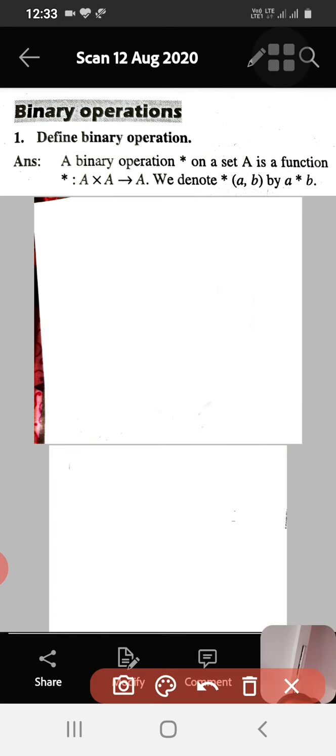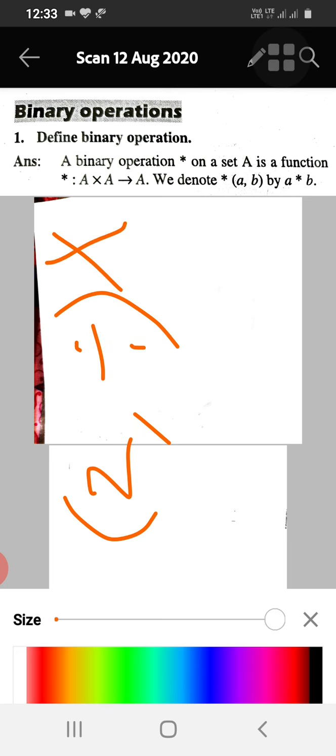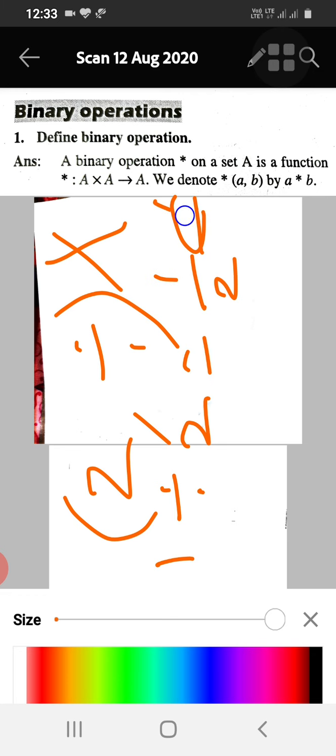Another important one is Z on divided by, which is not a binary operation, because if we consider say 1 is an integer and 2 is another integer, half is not an integer, it does not belong to Z. Therefore division is not binary on the set of integers. In this way we can verify this binary property.